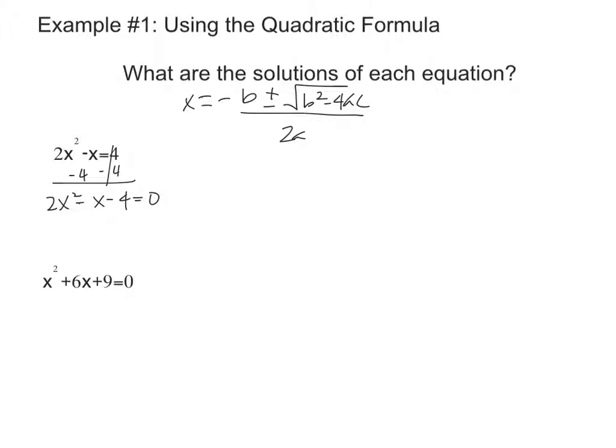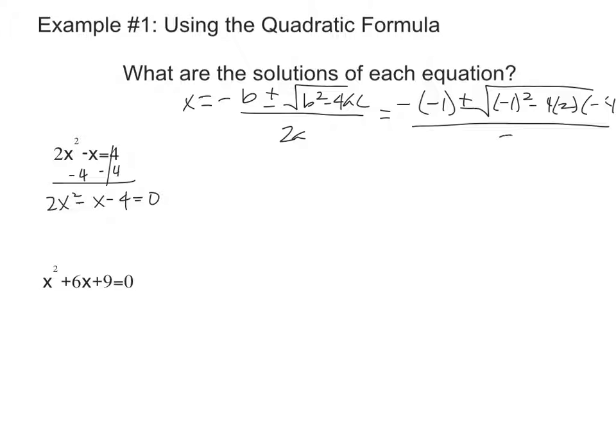That would be negative negative 1, plus or minus the square root of b squared, which would be negative 1 squared, minus 4 times a, which is 2, times c, which is negative 4, over 2 times a, which is still 2.